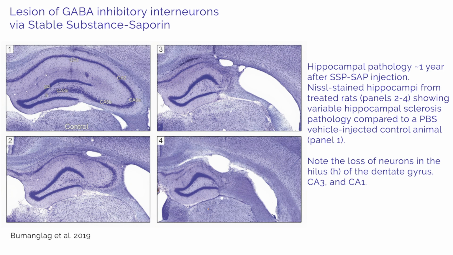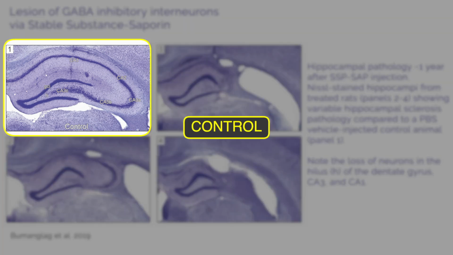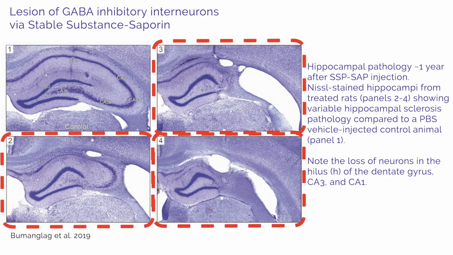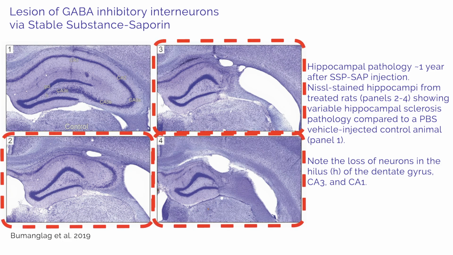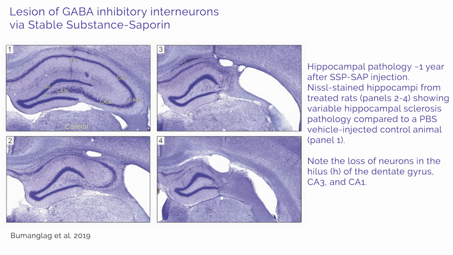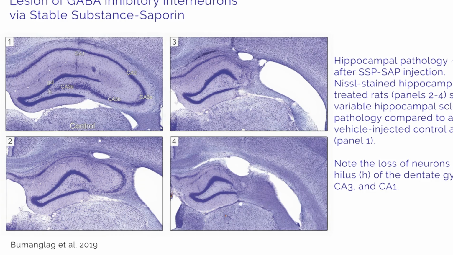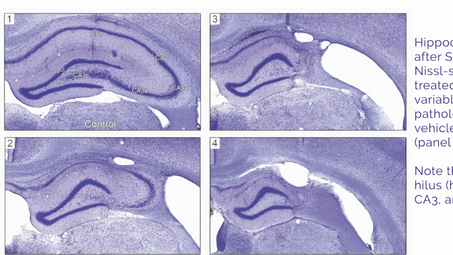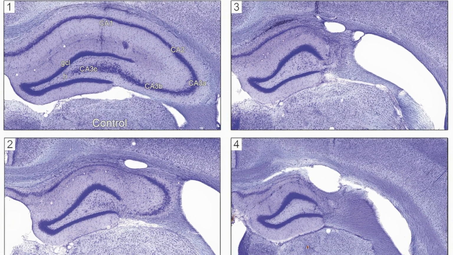And basically, you're seeing here panel 1 being the control, and panels 2, 3, and 4 are the tissues that received treatment. And again, you can see the loss of neurons in the sections with the dentate gyrus, CA3 and CA1.